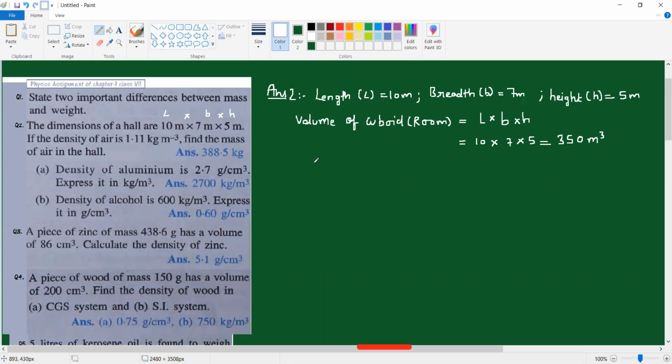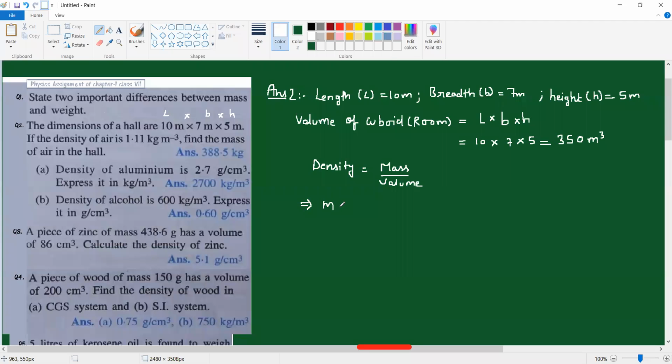And density formula. What is the formula for density? Mass upon volume. Correct. So we have to find the mass, no?